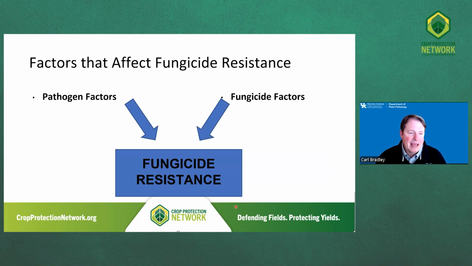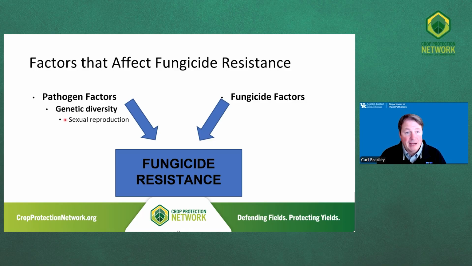When we look at the pathogen factors, one of the things that's really going to play a big role is the genetic diversity of that pathogen. The more genetic diversity there is in that pathogen population, the more likely that fungicide resistance will develop. One of the things that can promote genetic diversity in fungal pathogens is sexual reproduction.